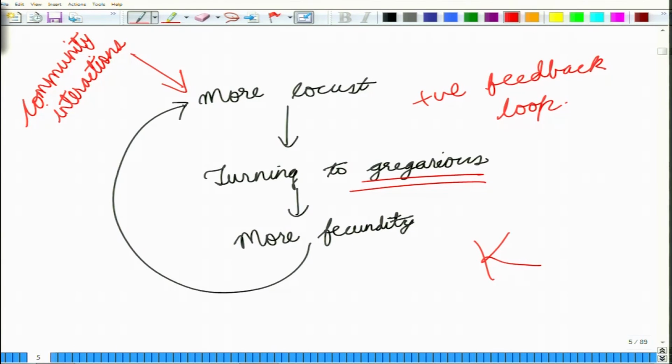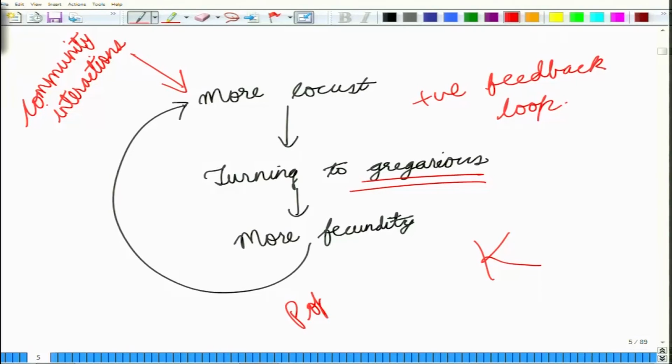Now, if the population size is increasing, there has to be a larger carrying capacity of the environment to cater to the needs of the large population. In this case, the environment consists of, say, food.